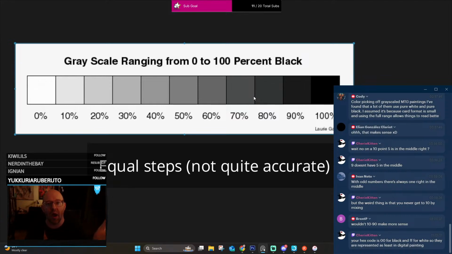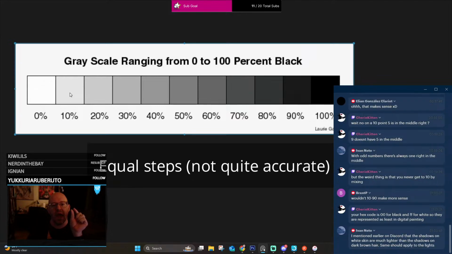What looks right? Because even if the head of a candle could be a 10 on your value scale, it could be the brightest thing, or it could be at 10% or 0 or whatever you want to call it, your lightest thing on the value scale, the very tip of that fire. But how much light does it emit out into the air?